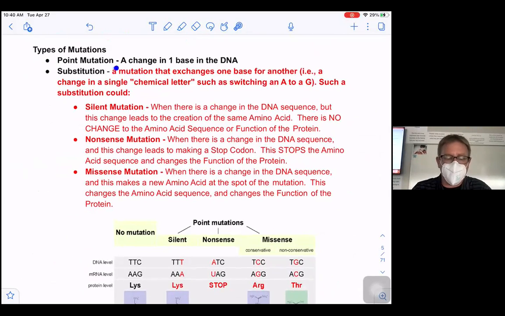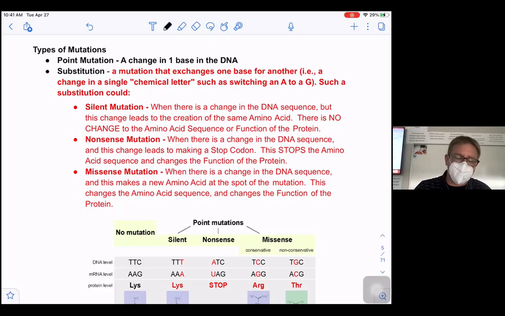In a point mutation, we are changing one base in the DNA. It's one point that's being changed. We tend to think of these as substitution mutations, because we're exchanging one base for another chemical letter, such as switching adenine to guanine.